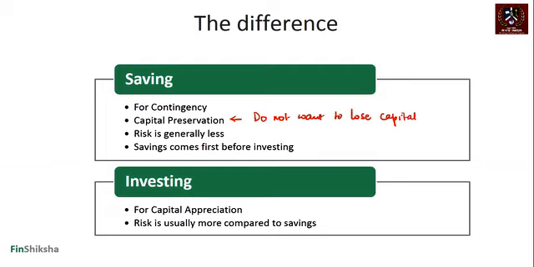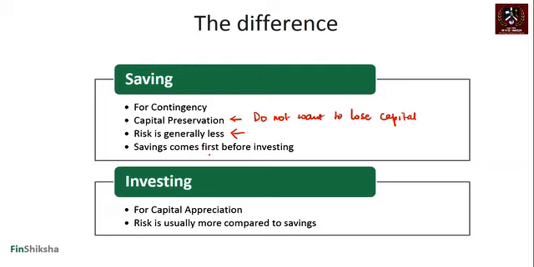That's the primary objective. If I have money in my bank account, I think it is safe because it's secure in the bank account. I don't have to carry it physically everywhere, and that's why saving is primarily going to look at what is called capital preservation. And by consequence, because I'm looking at capital preservation, the risk is usually lesser, right?